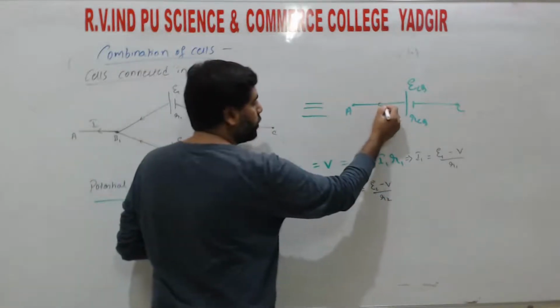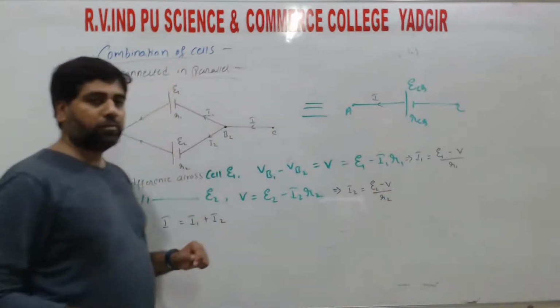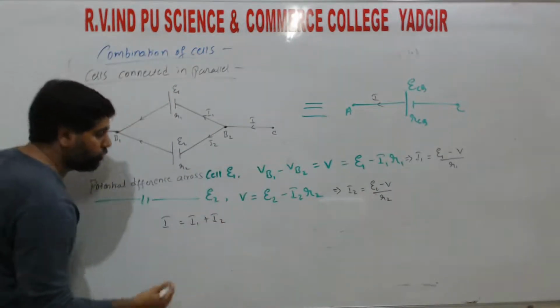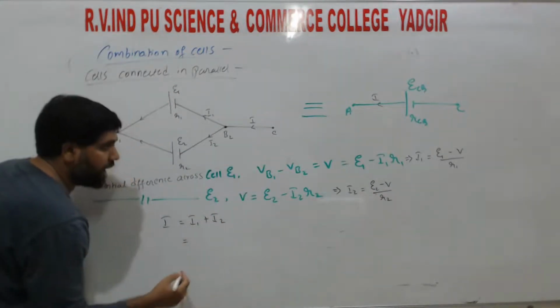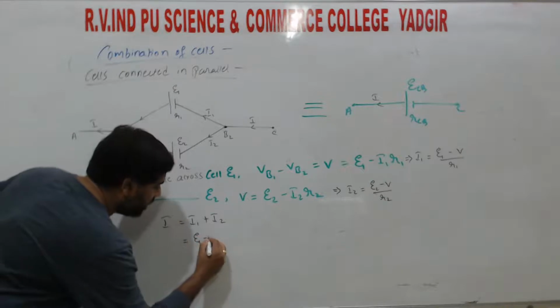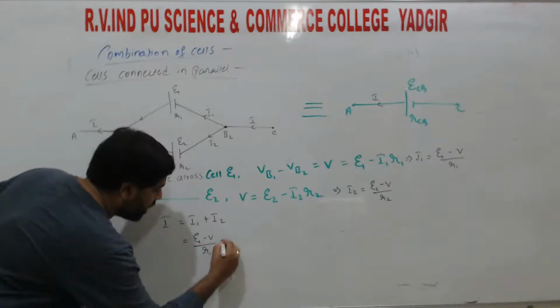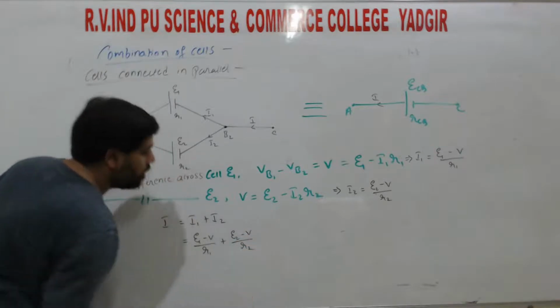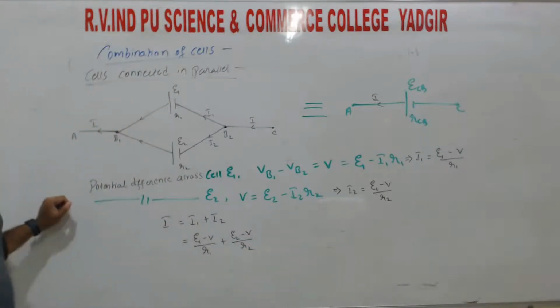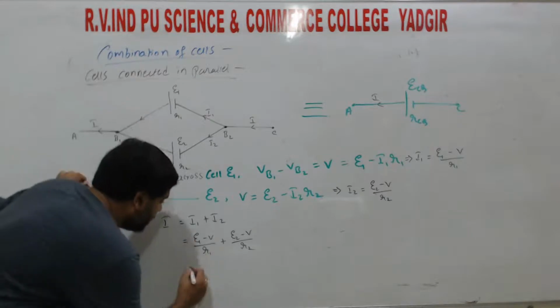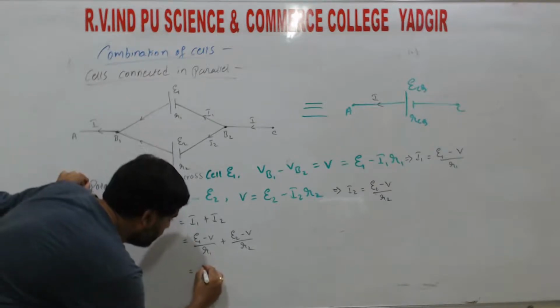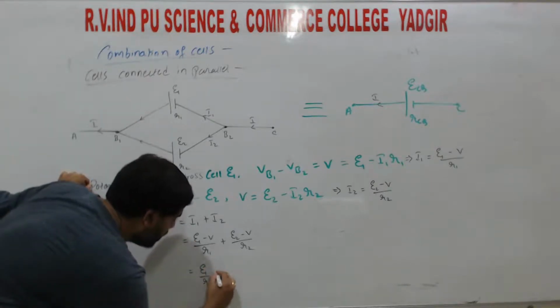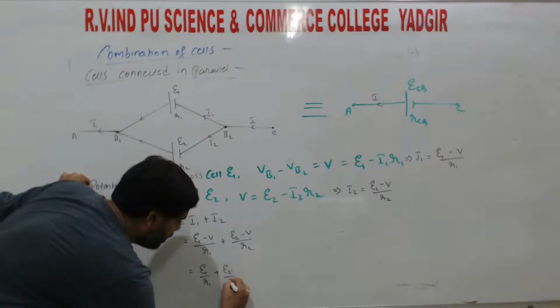So here the flowing current is I, right? So substitute those two values in the total current I. So here we get E1 minus V divided by R1 plus E2 minus V divided by R2. Again, by simplifying, E1 by R1 plus E2 by R2.